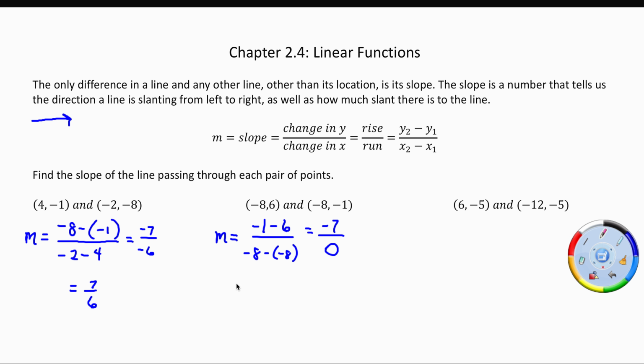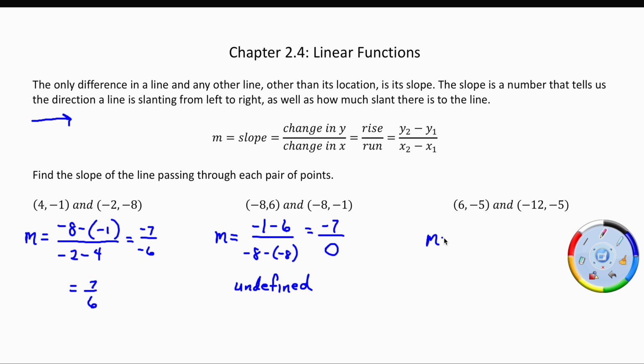Of course, undefined. We call this an undefined slope. And again, along with all the information you should know about linear equations, you automatically need to know that graph is a vertical line, and it has the equation x equals, in this case specifically, x equals negative 8. So just prerequisite information that you need to already know.